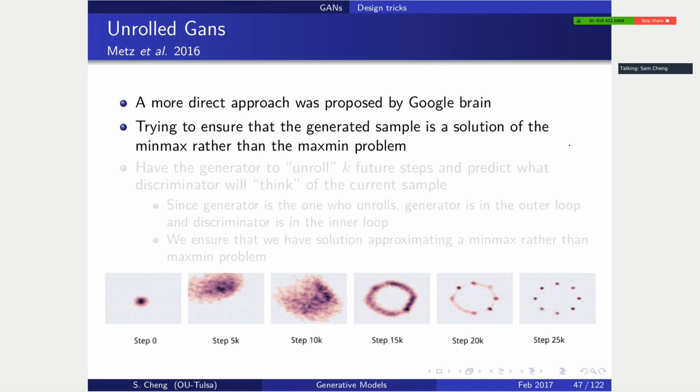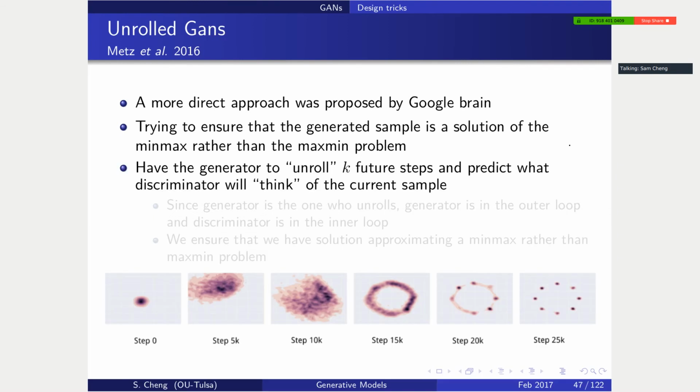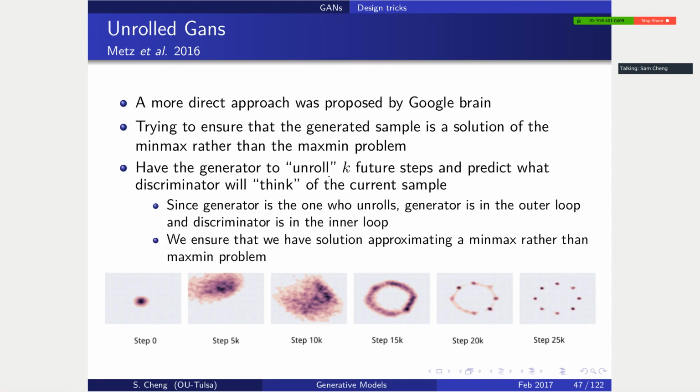This is an illustration here. They call this unrolled GANs. It's precisely that you do k steps of discriminator update before you do one step of generator update. And for this particular example, you see it can converge to the actual distribution much better.